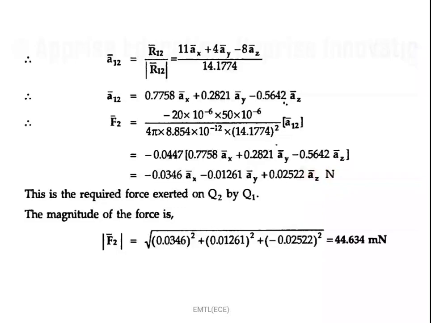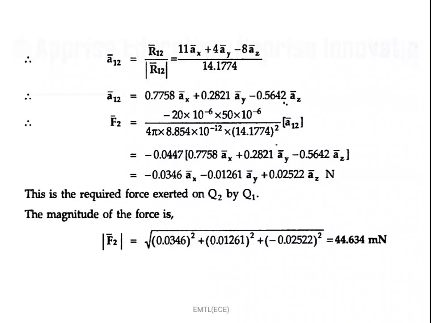Finally we get the answer, that is the force vector is minus 0.0346 ax bar minus 0.01261 ay bar plus 0.02522 az bar, and the unit of force is newtons.